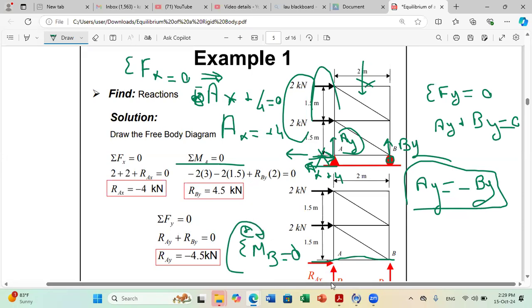Ay is upward, so according to my assumption it's producing a clockwise moment about B. So I should take plus ay times the perpendicular distance, which is just 2 meters. So I have plus 2 times ay.